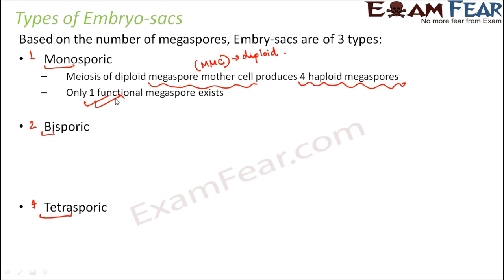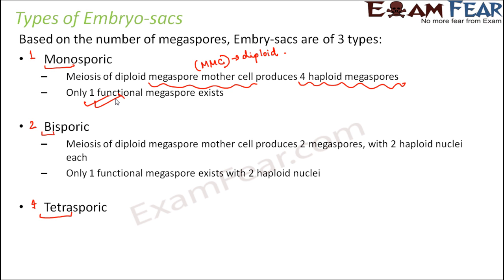Now let us move on to bisporic. In the case of bisporic, again meiosis of the diploid megaspore mother cell will take place. The process remains the same, because for the formation of megaspores, meiosis of the megaspore mother cell has to happen. But the result in this case is quite different.